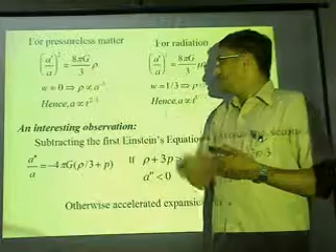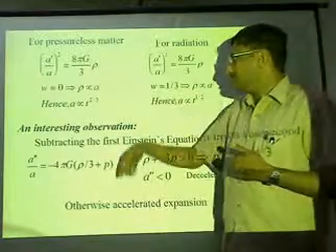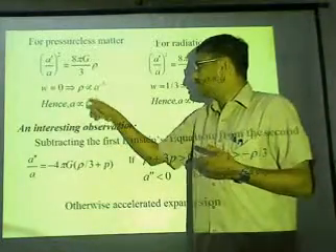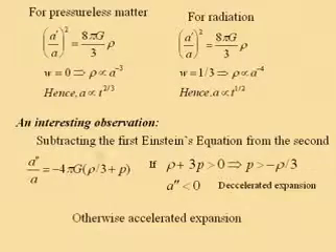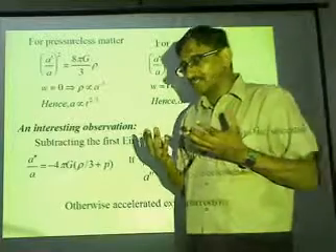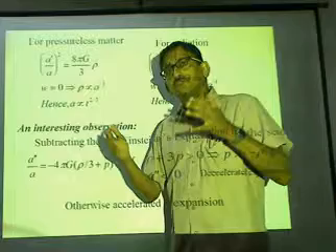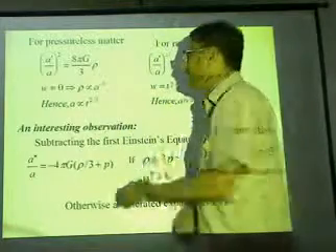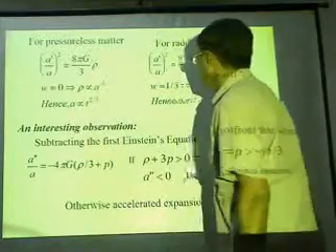With these two equations, I can solve and immediately get A goes as t to the power 2 by 3. So from this simple-minded approach, we have got for pressureless matter how the size of the universe increases with time. It goes as t to the power 2 by 3.